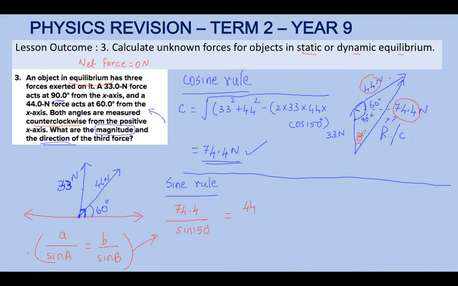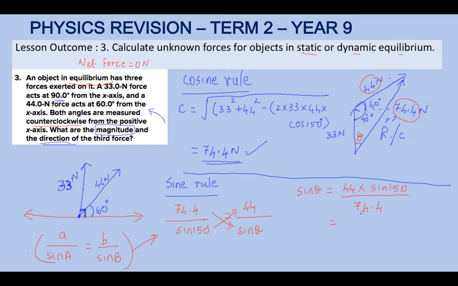Opposite side to this angle theta, 44 upon sine theta. Then cross multiplication. So you will have sine theta equals, I'm just doing it in one step, 44 times sine 150 upon 74.4. You have been following previous videos, you know how to reach this step. I'm skipping that math equation.